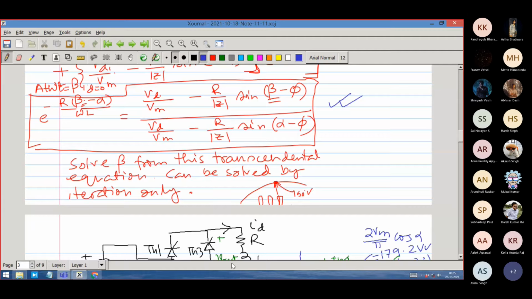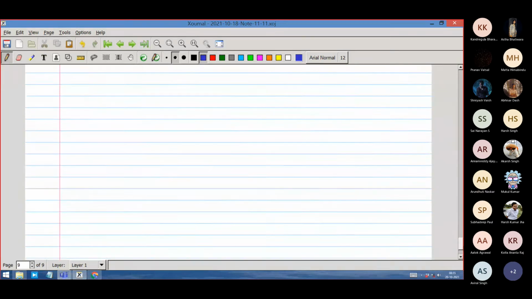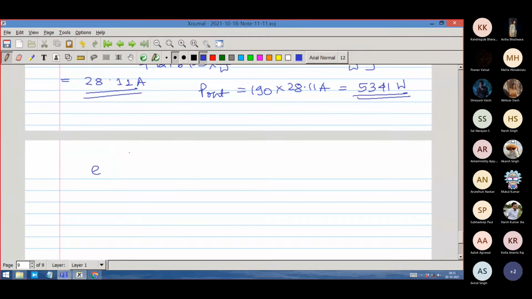So let me write this equation one more time. In DCM, e to the power minus R by omega L into theta minus alpha dash. Let me write alpha, so that you have a general equation, because alpha may be equal to alpha dash.